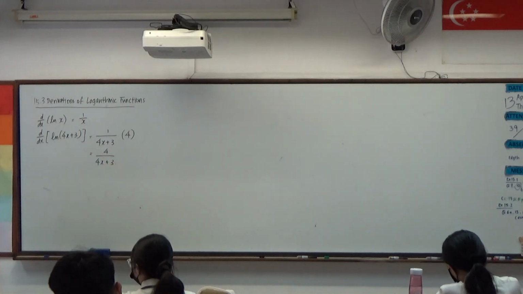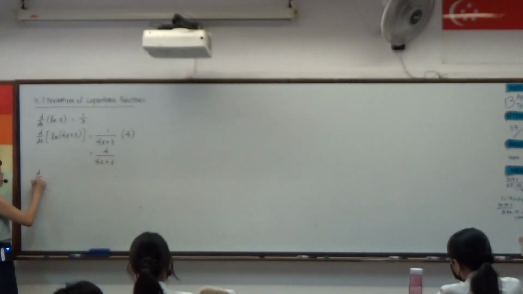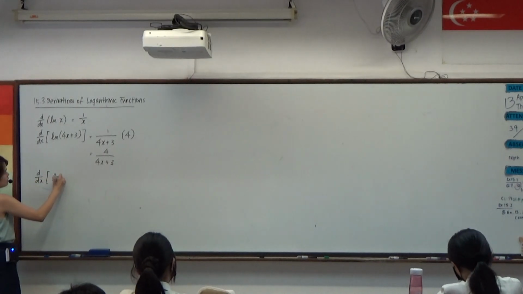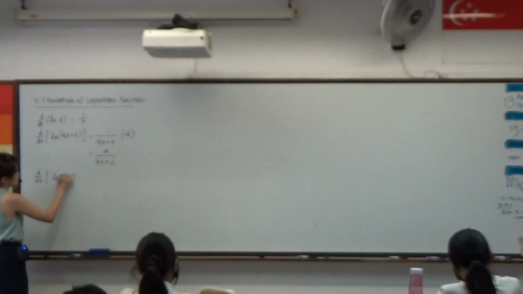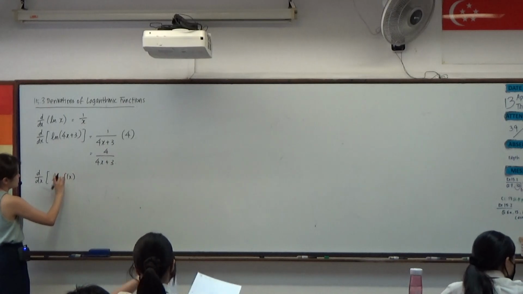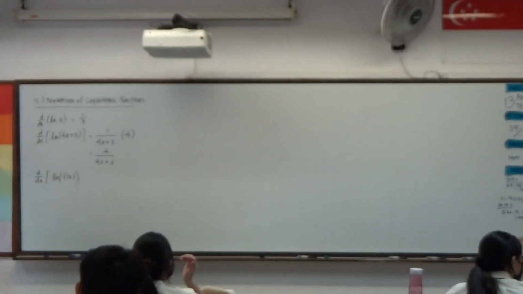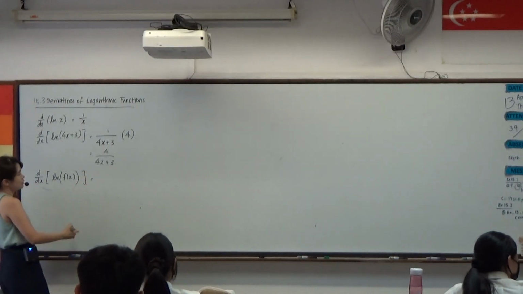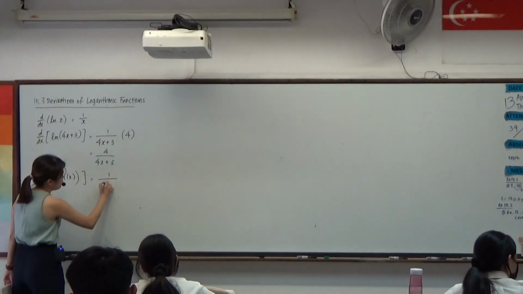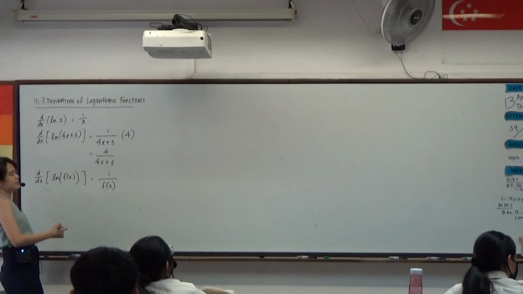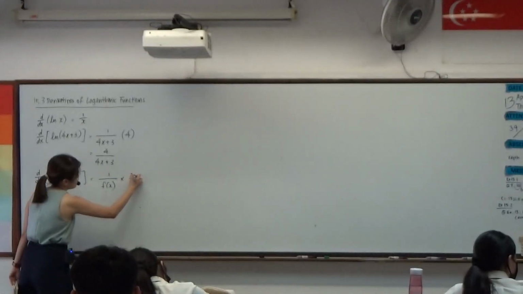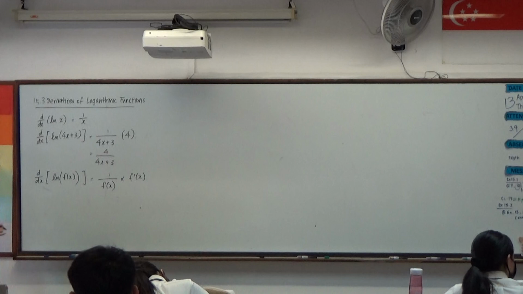Okay? So in other words, if I am differentiating a function, a ln of a function, okay, I will get 1 over that function itself and multiply with the differentiation.